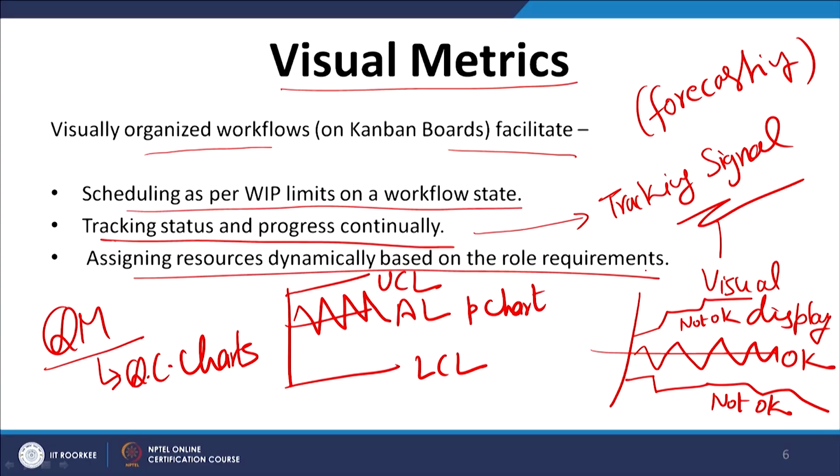You can change the availability of the resource depending upon the need. That dynamic shifting of resources is also possible, and with IT in our organizations, this has become a good enabler for dynamic resource allocation. So, that is also possible by visual displays.